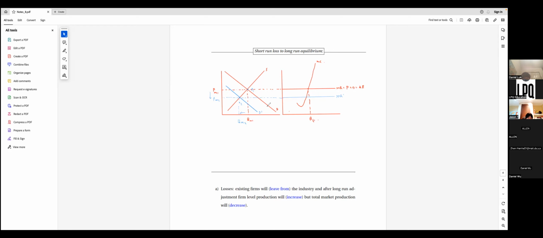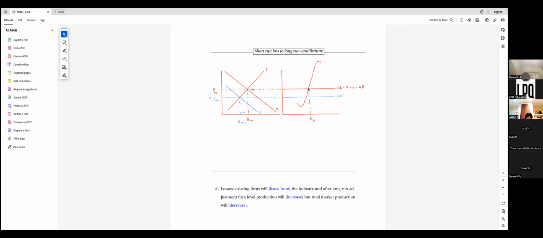Imagine the right-hand side graph is Air Canada. How does Air Canada respond to this change? Should they produce more or less? Oh, by the way, I need to add my ATC.